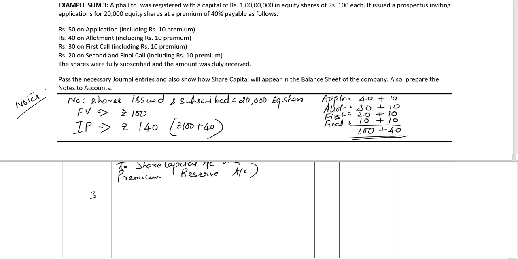The third entry, we will make the equity share allotment money including the premium due.